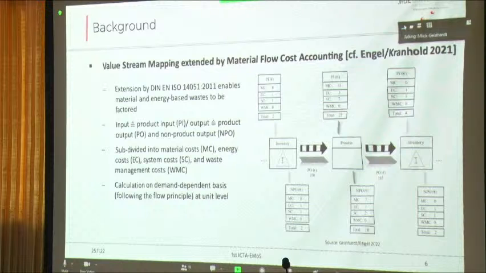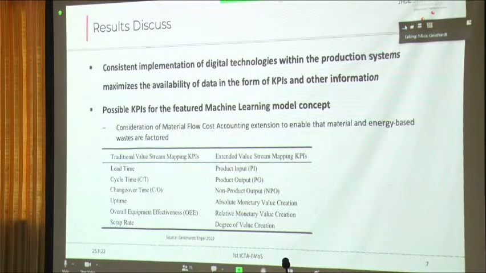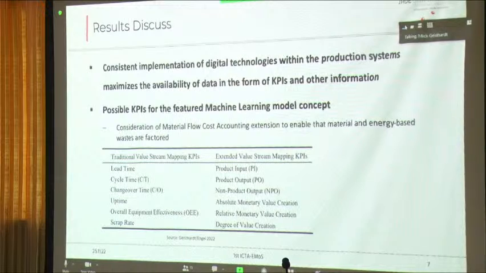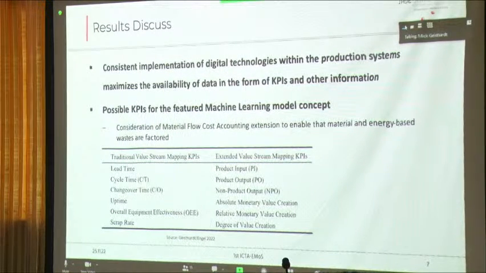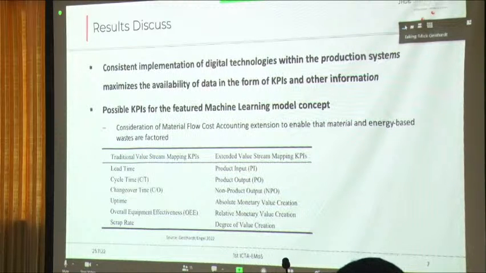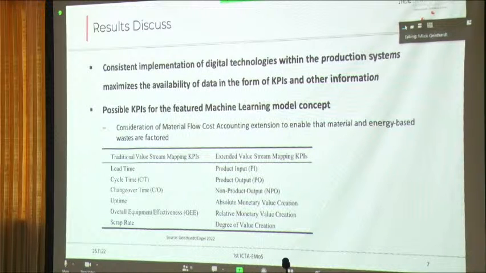Initially, of course, we need consistent implementation of digital techniques within the production system or the end-to-end value stream, however you want to call it, so that we maximize the availability of information and KPIs. Of course, the information needs to be accessible so that we can use it. Now, when we have the availability, we thought about possible cases for the future model concept.